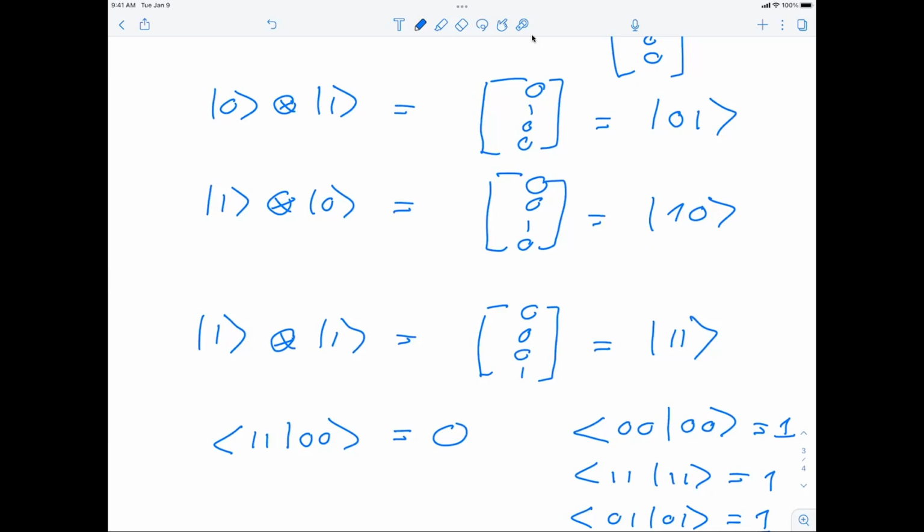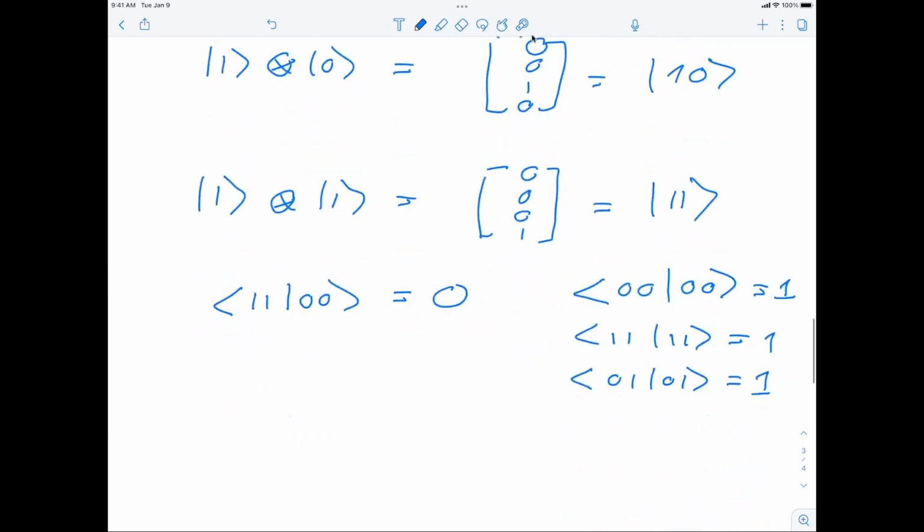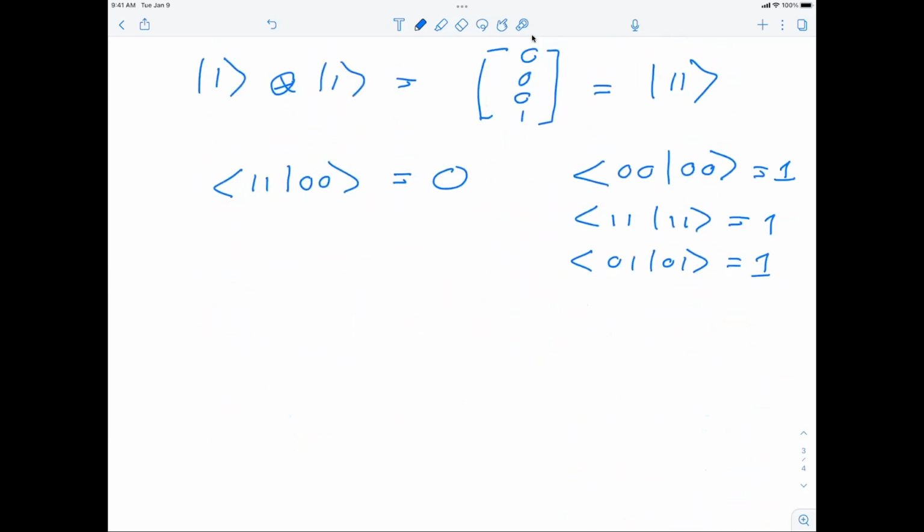I guess you're pretty familiar with the tensor product of matrices, so I don't need to repeat that. But the thing which I wanted to bring up is some of these identities which we can rewrite in terms of specific operators. So if I now look at this inner product of 0, 0, no, not the inner product, but the outer product, sorry for that.